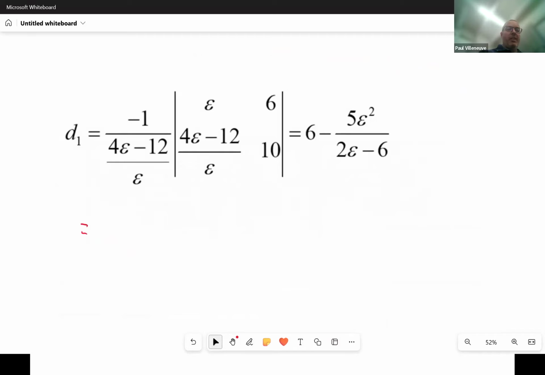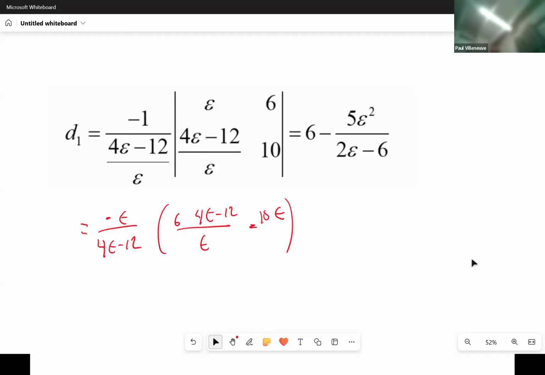So D1 is going to be equal to negative E over 4E minus 12. Everybody okay with that? I just inverted and multiplied, no big deal. Now I'm going to do the determinant. So I have 6 times 4E minus 12 all over E times 10, 10E, correct? Hopefully you all can see that that cancels with the one that multiplies out.